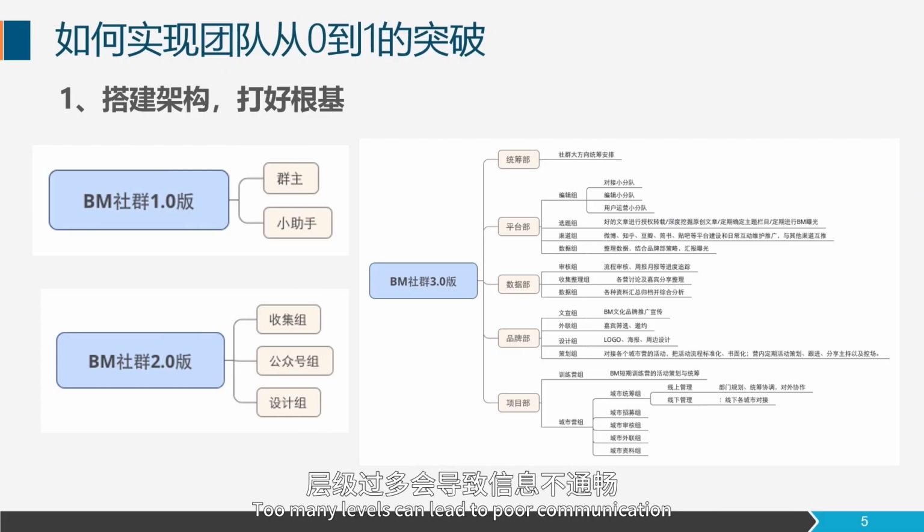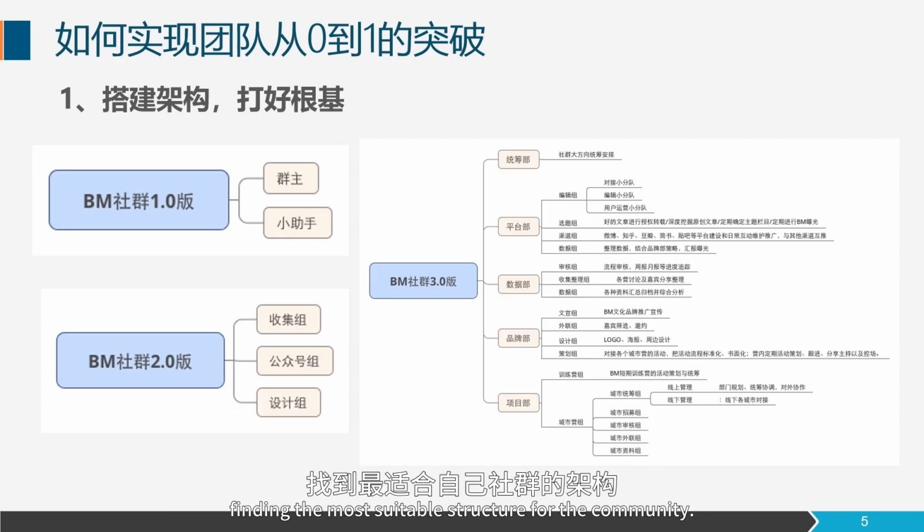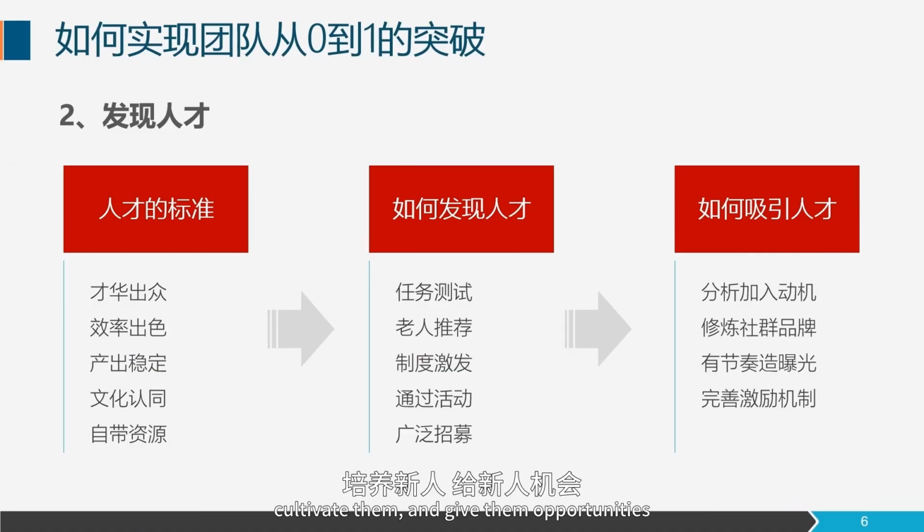Too many levels can lead to poor communication and low efficiency in conveying information. Therefore, the organizational structure must be designed based on the development stage of the community, finding the most suitable structure for the community. Community operators should actively explore new members, cultivate them, and give them opportunities to integrate into the team as soon as possible.